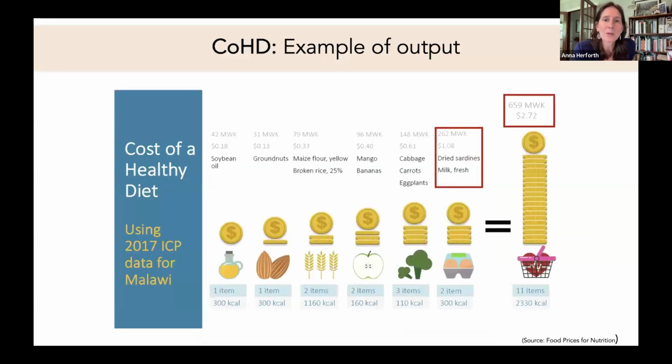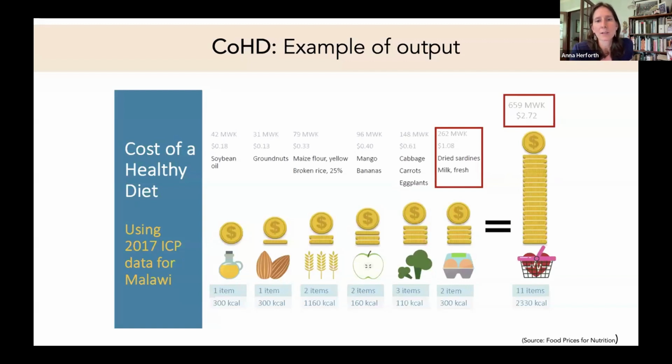And once you enter all of those food prices that you've collected from the market into that toolkit on the Food Prices for Nutrition site to crunch the numbers, you'll come out with this kind of output, where you have the cost of each of 6 food groups that are shown here.